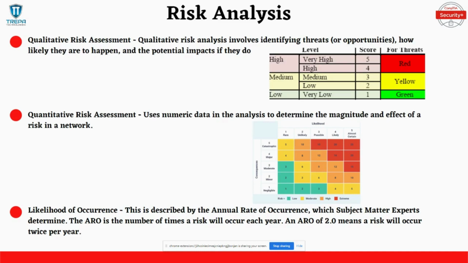The likelihood of occurrence is described by the annual rate of occurrence, or the ARO. The annual rate of occurrence is determined by SMEs, or subject matter experts, and is the expected number of times a risk will occur each year. For example, an ARO of 2 means that a risk will happen twice per year, which is a high ARO.